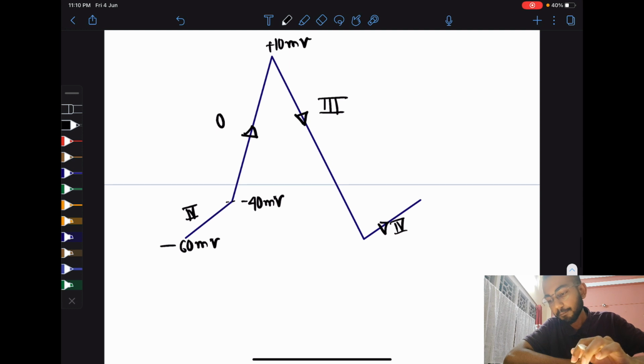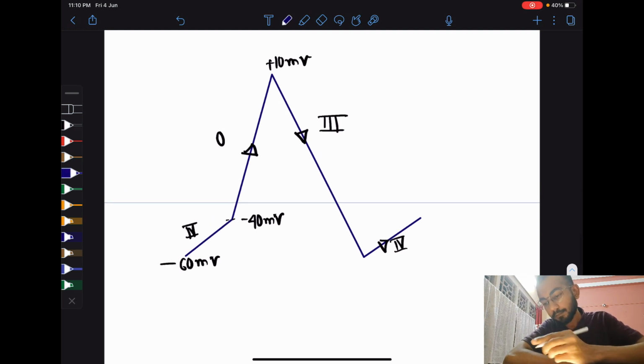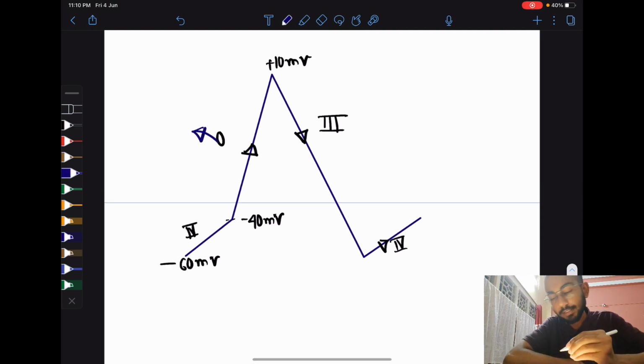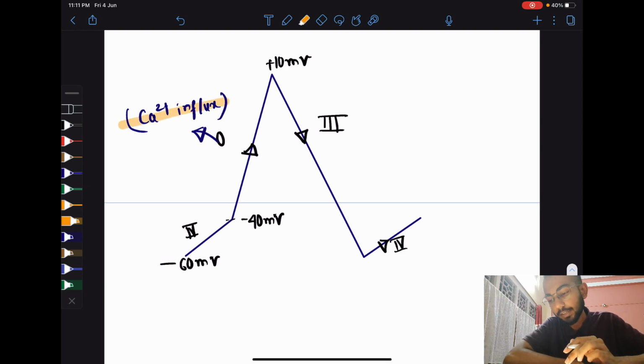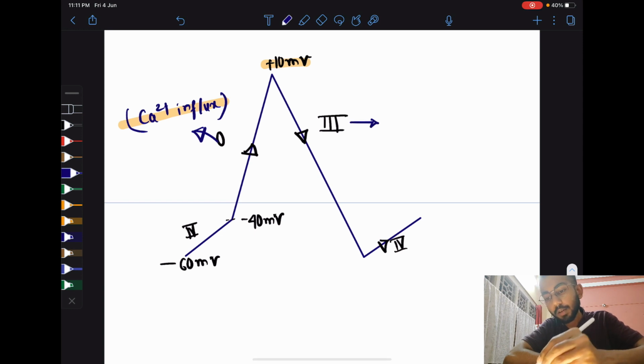Clear? Now let us see the reason, let us know the logic behind this inclination of the graph and the declination of the graph. This phase 0 here is produced due to the calcium influx, guys. Calcium channels open, which is contrary to that of the plateau potential, where here a calcium influx is seen, right? And once it reaches a potential of plus 10 millivolt, then a declinement of this graph is seen due to the closure of this calcium channel and opening up of potassium channel.